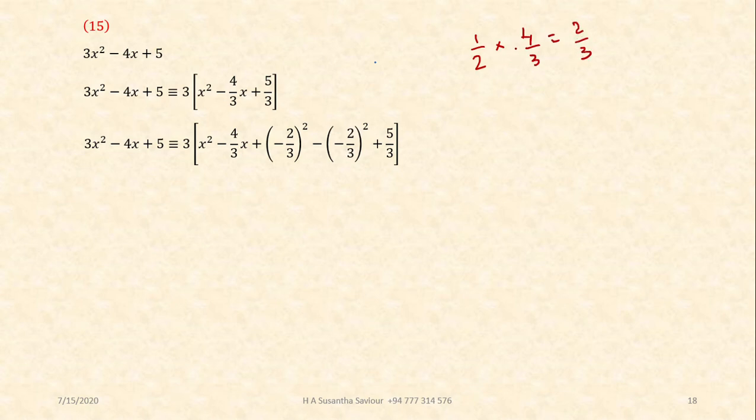There's a minus here, therefore we'll put a minus also. So that 2 over 3 came here. Look at this, added and subtracted. Okay. These three terms will always come inside.